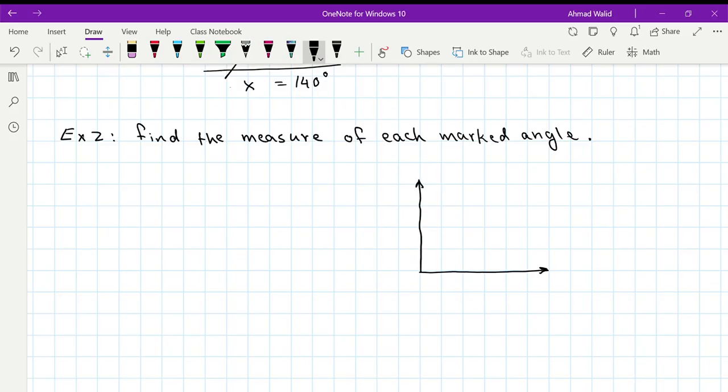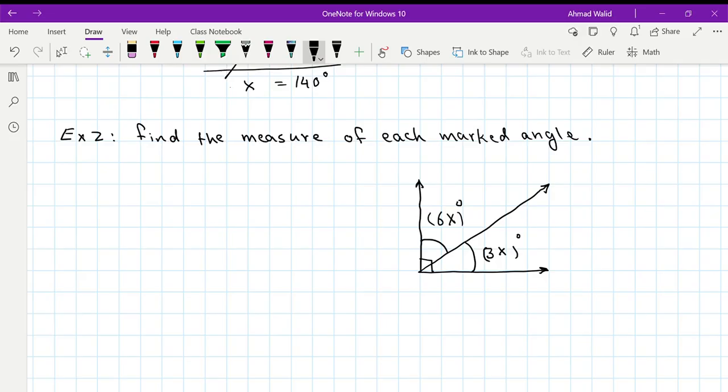They give you a diagram like this. Here, this angle, the size is 3x. This angle, the size is 6x degrees. It's good to use parentheses around it. 3x degrees, 6x degrees. They're asking you to find both angles, how much they are.